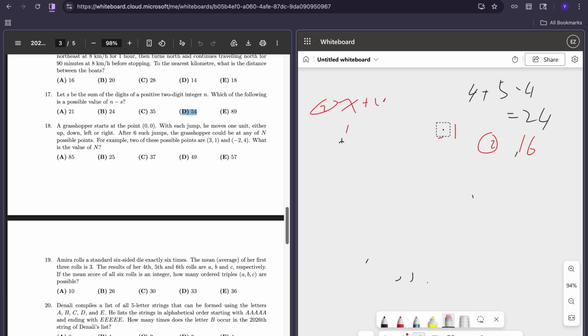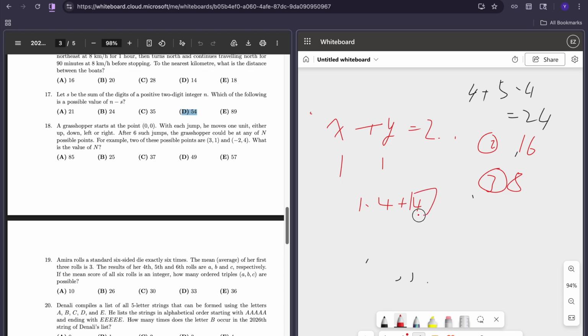Third case, x plus y equals 2. So we get (1, 1). So 1 times 4 plus 4 equals 8. Third case, 8.